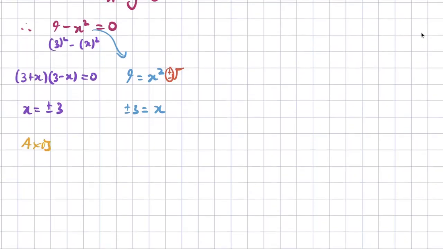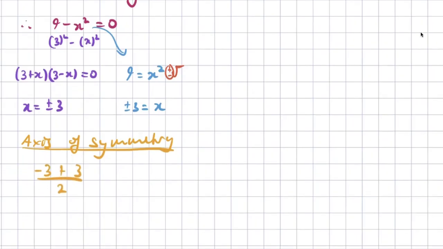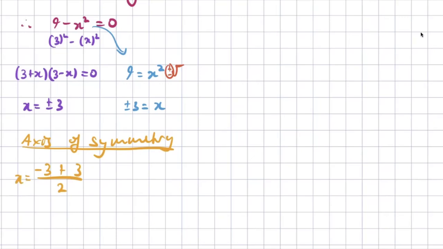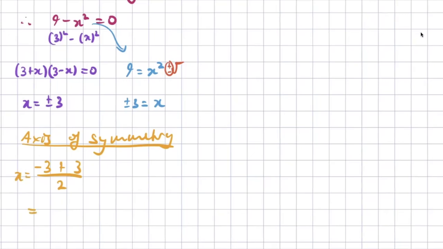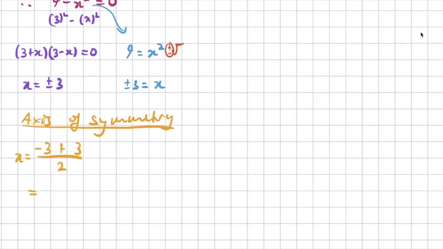So my axis of symmetry is equal to the middle of negative 3 and positive 3 divided by 2. We end up with x equals, you'll notice that minus 3 plus 3 is going to be 0, divided by 2 is still going to be 0, and that makes sense that our axis of symmetry is going to be directly on the y-axis.